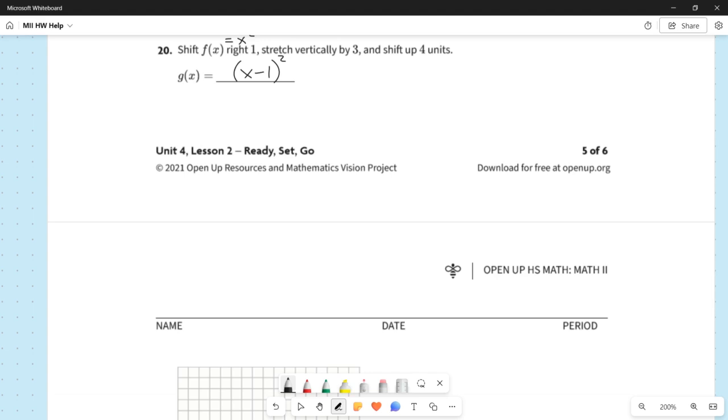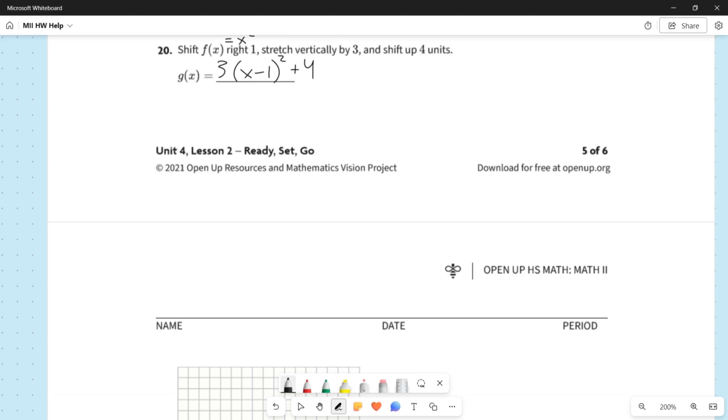We're going to stretch vertically by 3. That means outside of the squared, outside of the parentheses, we're going to have a factor of 3. And then we shift it up 4 units. A vertical shift is one of the simpler transformations, because all it means is take what you have and slap a plus 4 at the end.